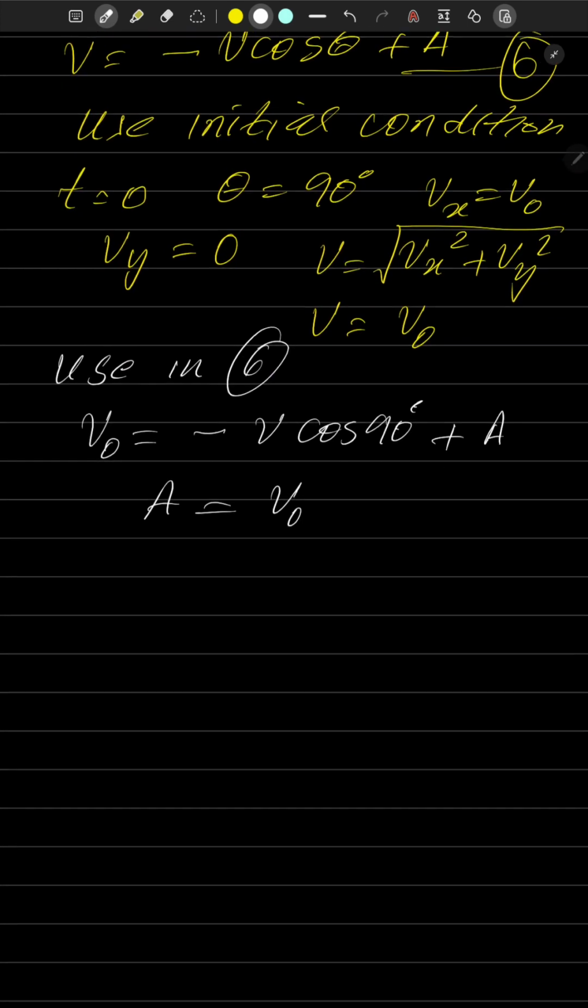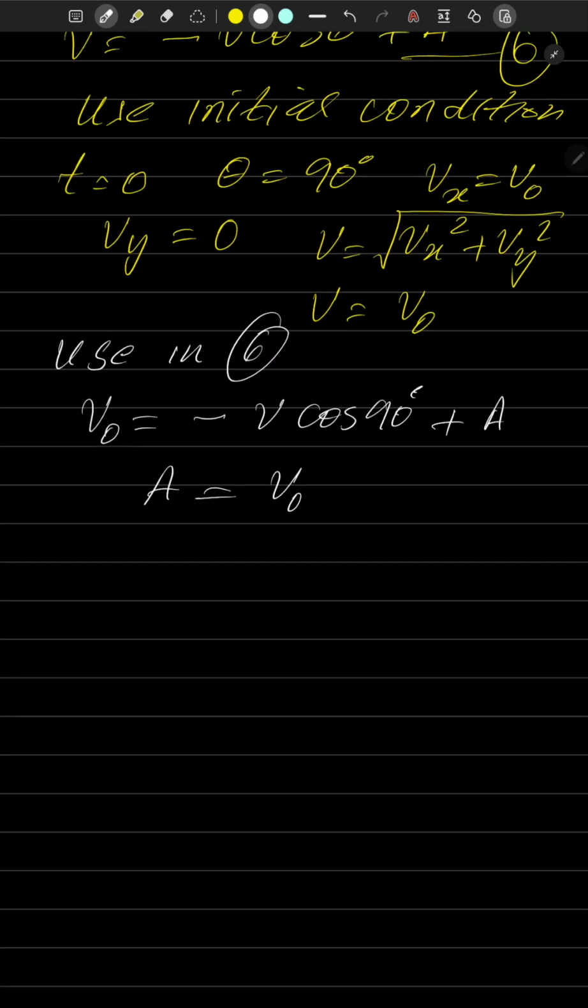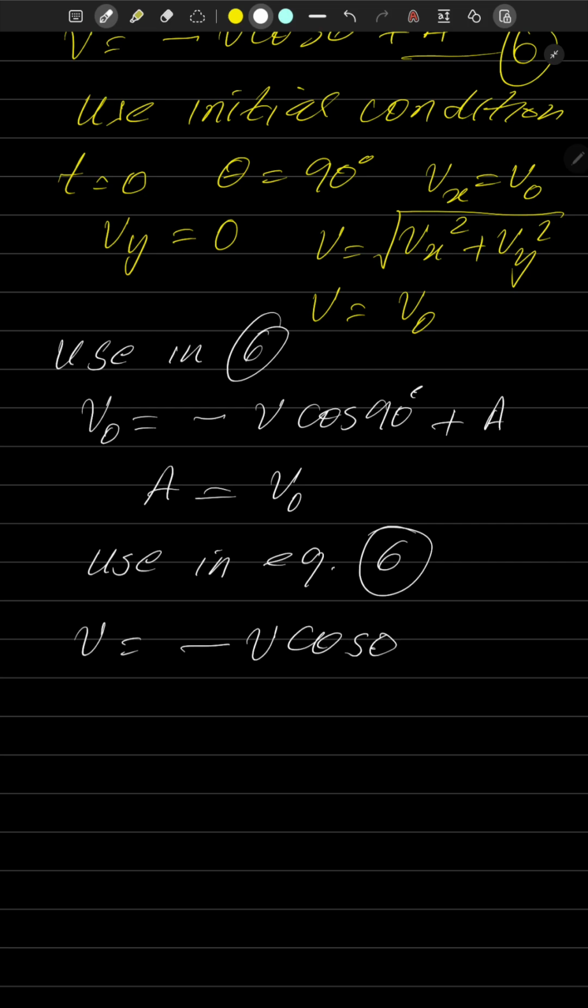Once you get the value of a, let us move back to the equation from where I want my velocity equation. Use equation 6. So this is v minus v cos theta, and you know that a is nothing but v naught.